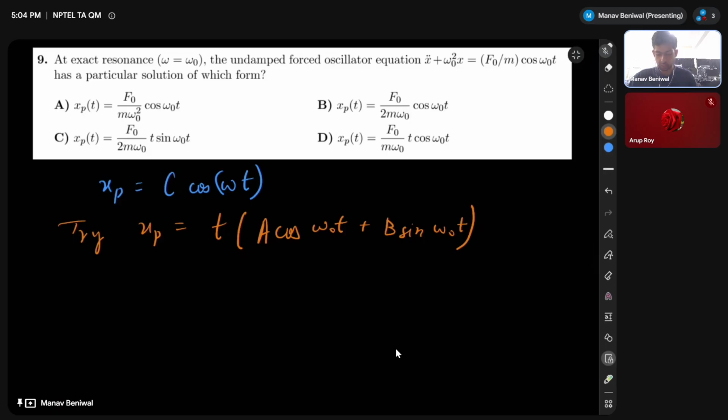Now, if we differentiate, this is the equation. Let us also write the equation: x double dot plus omega naught squared x equals f naught by m cos omega naught t. First we need to do the double differentiation.